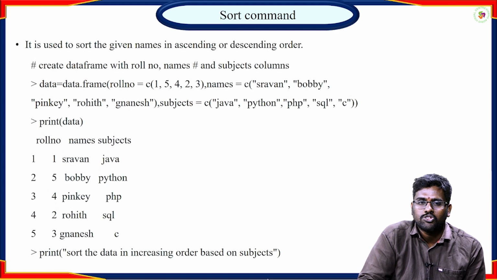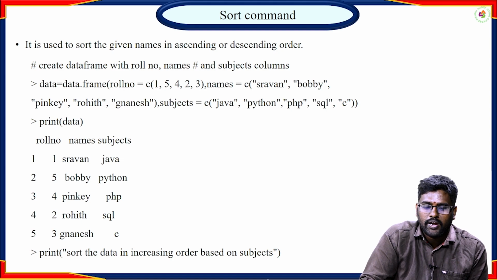The next one is the sort command. The sort command is used to display the given content in ascending or descending order. For example, if I take some data containing roll numbers, names, and subjects, and I want to print the data, I print data and it prints all the data we gave.